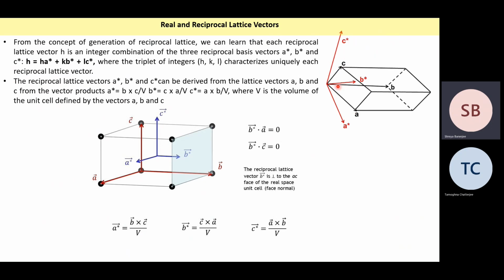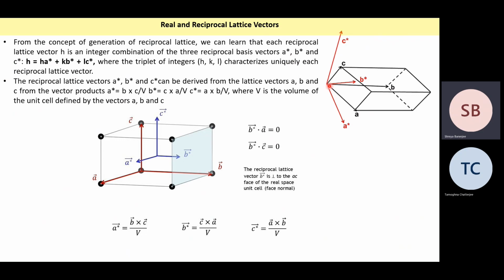This is another look at the real and reciprocal lattice vectors. From the concept of the reciprocal lattice, we know that each reciprocal lattice vector is an integer combination of the three reciprocal basis vectors.